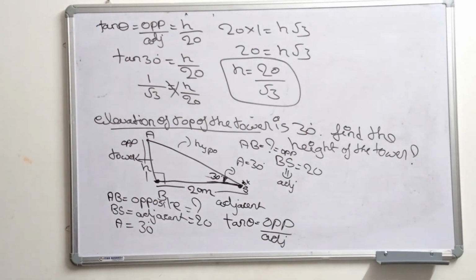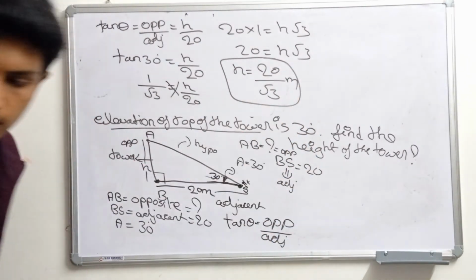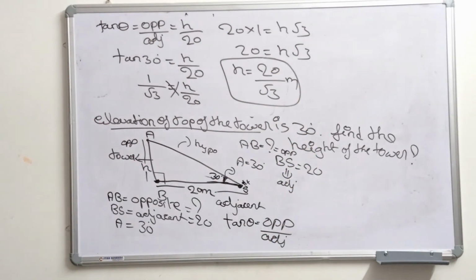That means the height of the tower is equals to 20 by root 3 meters, guys.